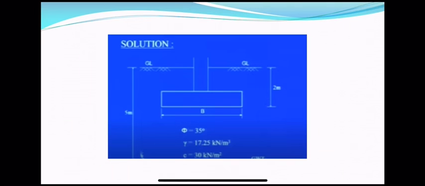Here phi is equal to 35 degrees, which is given in the question, and gamma, the unit weight of soil, is equal to 17.25 kilonewton per meter cube, and cohesion C is equal to 30 kilonewton per meter square.